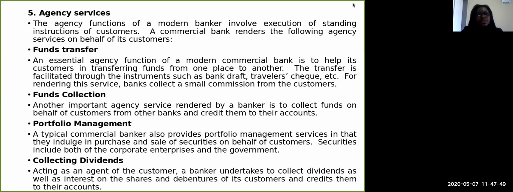Then the last agency service that the commercial bank performs on behalf of its customers is collecting dividends. Acting as an agent of the customers, a banker undertakes to collect dividends as well as interest on the shares and debentures of its customers and credits them to the customers' accounts.